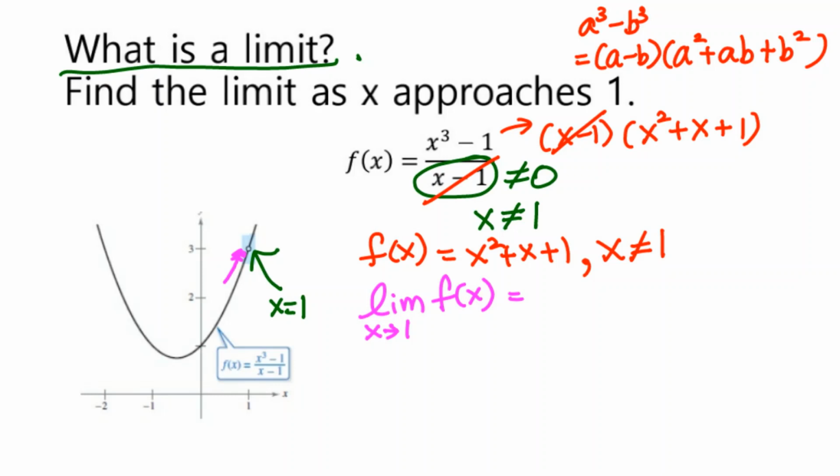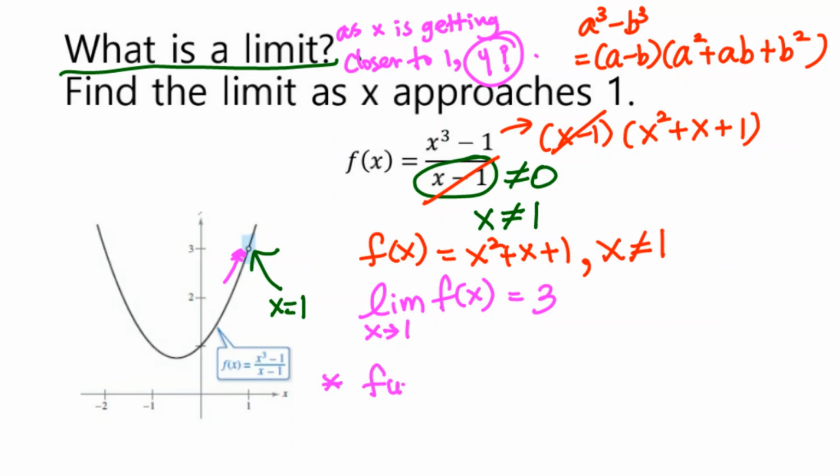Whereas x is getting closer to 1, what would the y value be? Okay, so in this graph, as we can see, y value is 3. So in this question, there is no function value at x equals 1 because there's a hole. We don't have that, but we still have the limit.